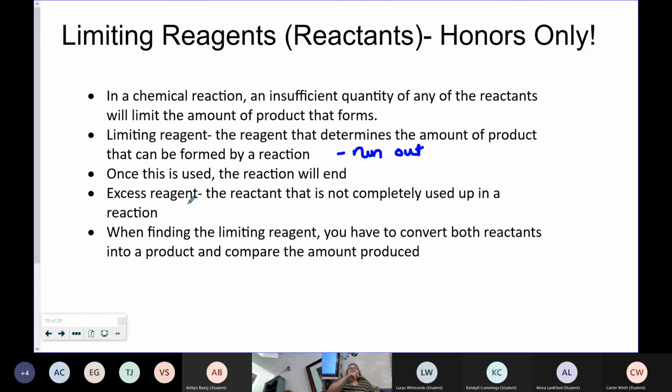So we have to take both of them and change them into products. And we're looking for whichever one runs out, so whichever one produces the smallest amount. That's how much can be made, because that's going to be our limiting reagent. Once that one runs out, the reaction's done.